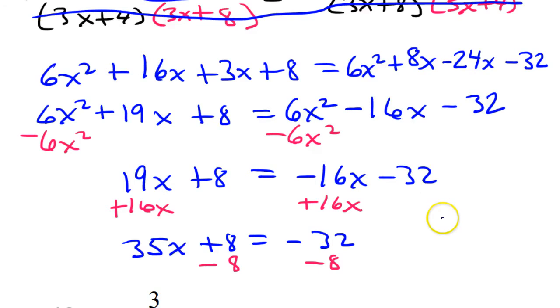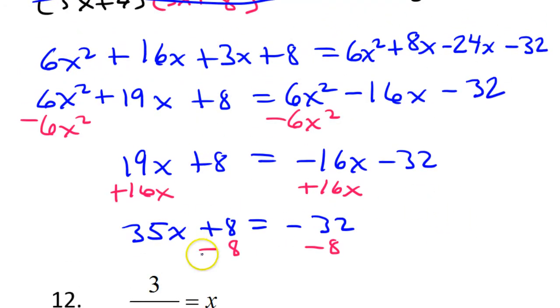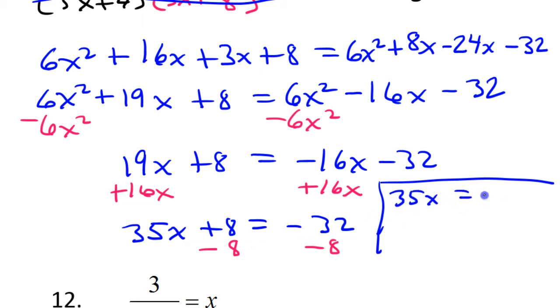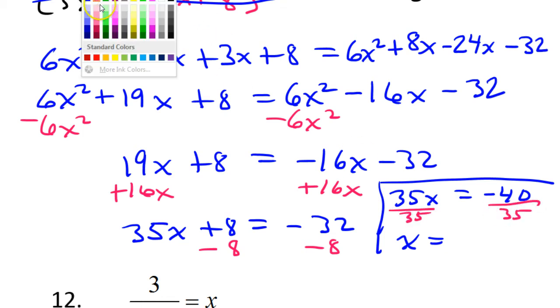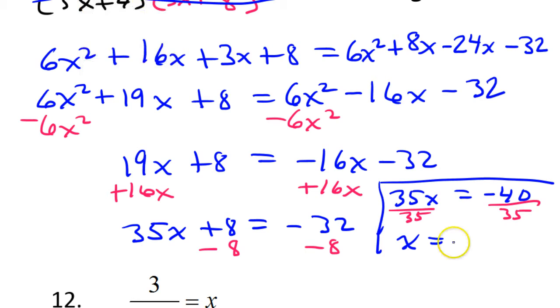I'm running out of space fast. Let me see if I can just squeeze this in here. Subtracting 8 from both sides. So I have 35x is equal to negative 40. If I divide both sides by 35, that's going to give me the answer.